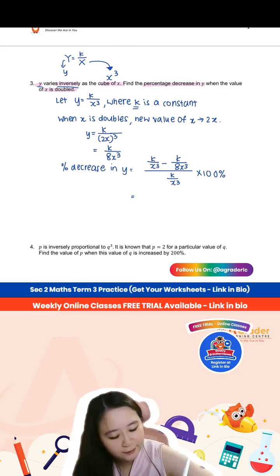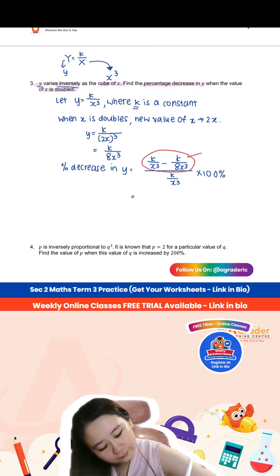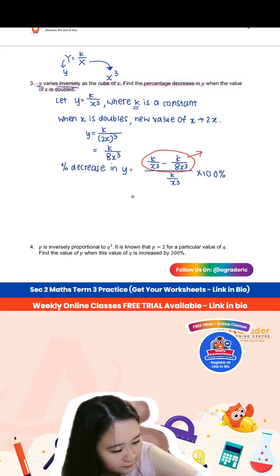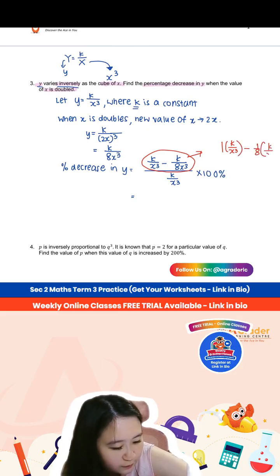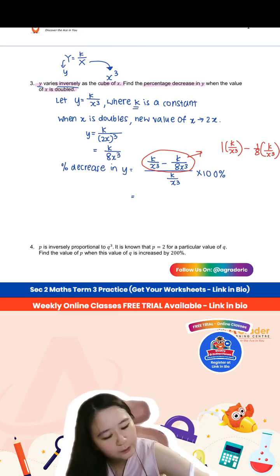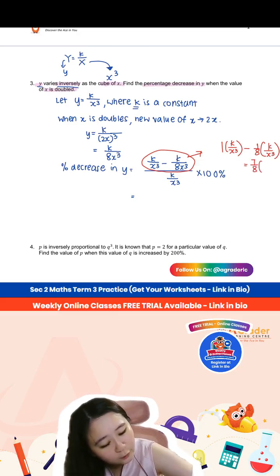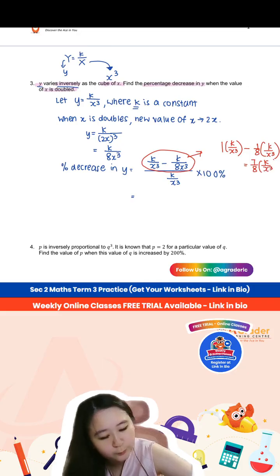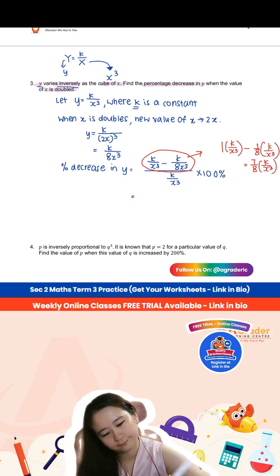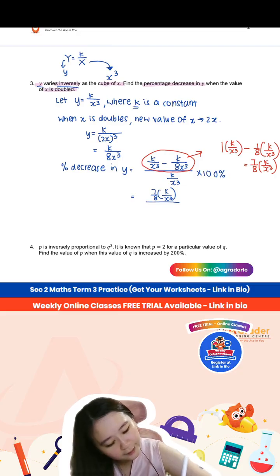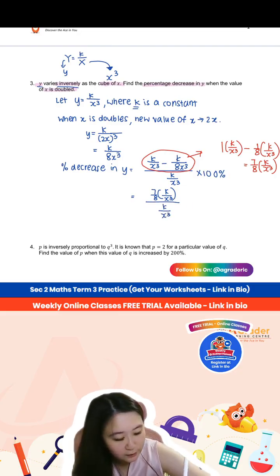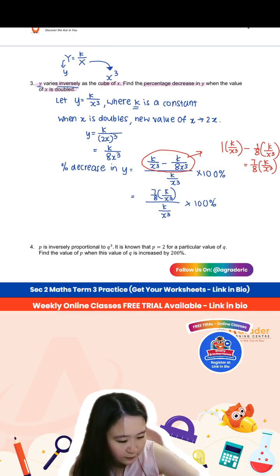So this part here, right, is like 1 whole of k over x cubed minus 1 over 8 of k over x cubed. Means you will be left with 7 over 8 k over x cubed. And divide by k over x cubed times 100%.